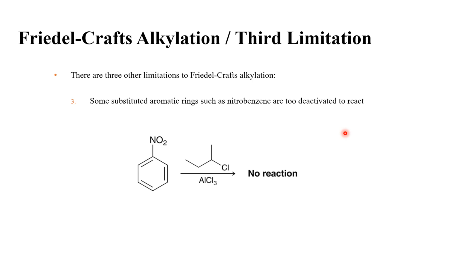Again, we're going to talk about that in another video, what it means when something's deactivated and why the nitro group is responsible for deactivating this ring for this reaction. We're going to learn that in another video, so don't worry. But right now, just know that alkylations will not work with aromatic rings that have a nitro group on it.